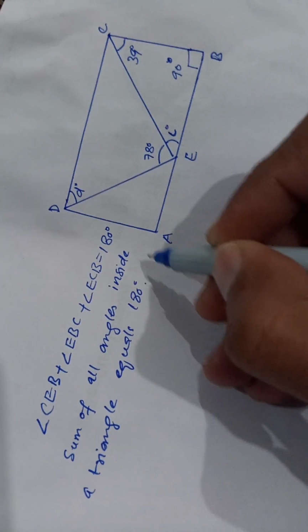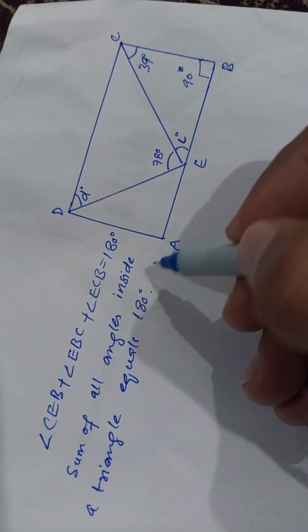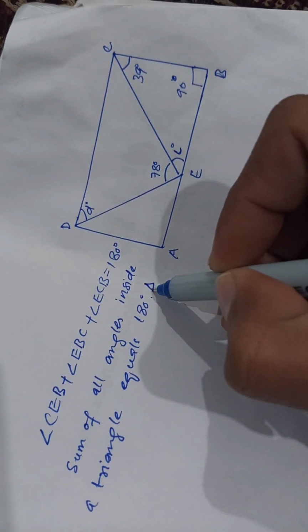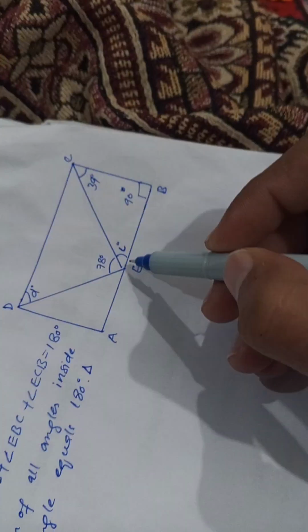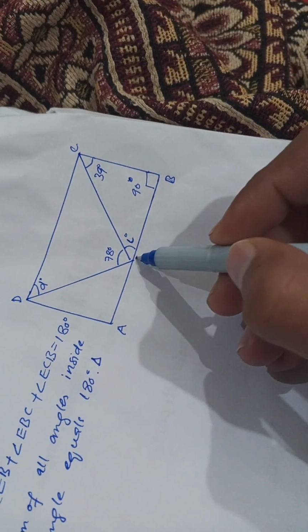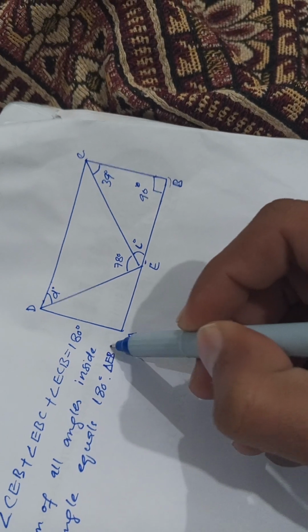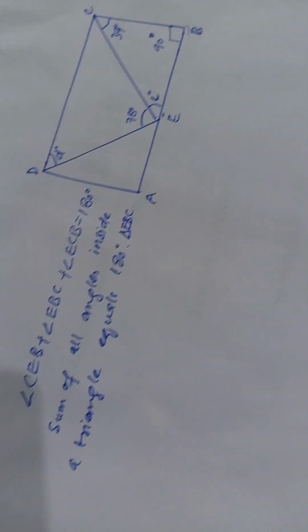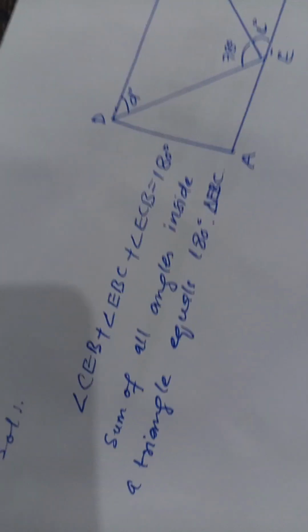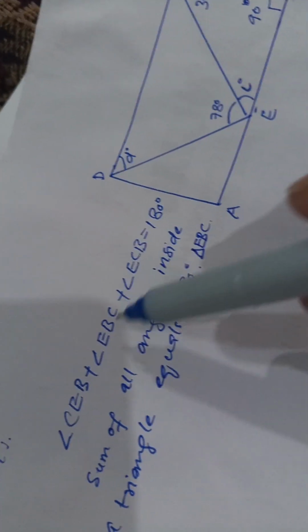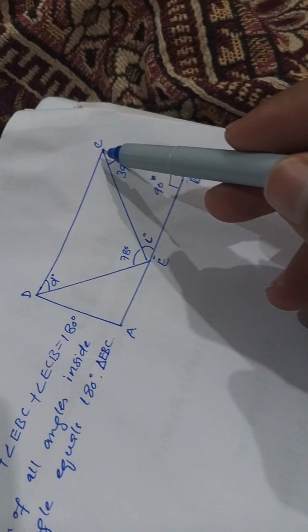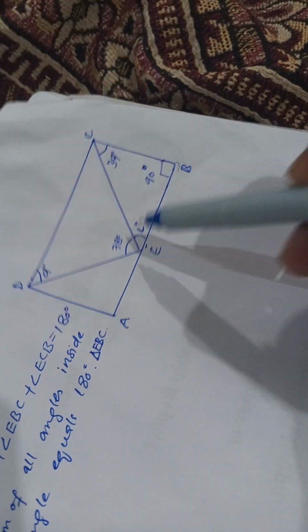It will be better if I mention which triangle I am discussing, so I'll draw this triangle and name its vertices EBC. Now that's done. Let's put in the values. The first one is angle CEB, which we have named c degree.